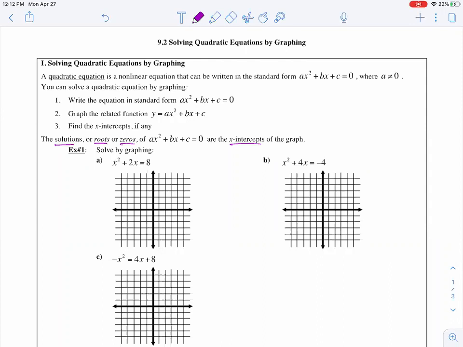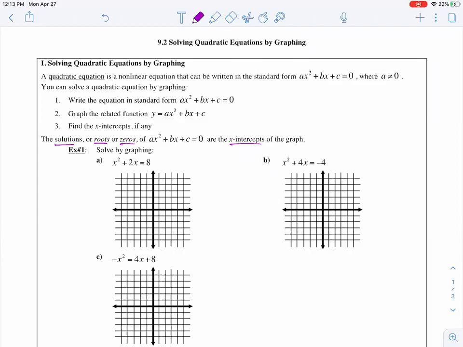Okay, so let's take a look at this. The first example, x squared plus 2x is equal to 8. Tell me, how did we graph in the beginning of chapter 8 when you were asked to graph the quadratic equation?